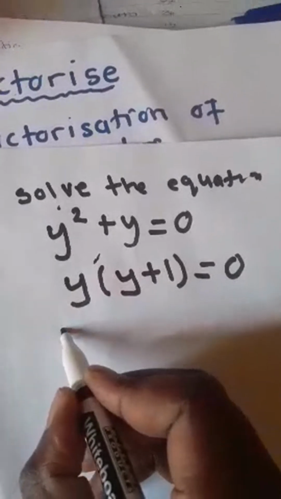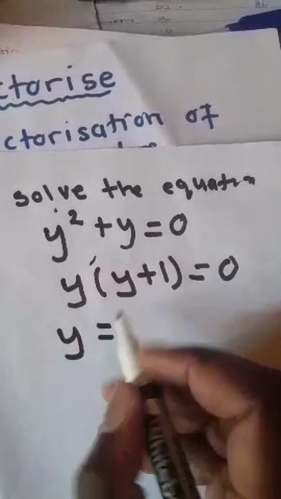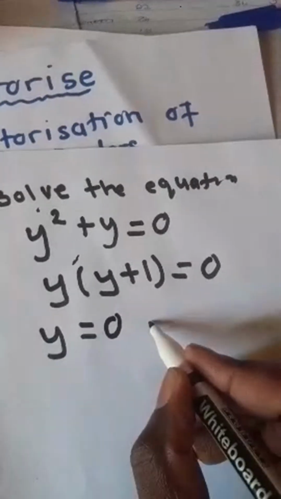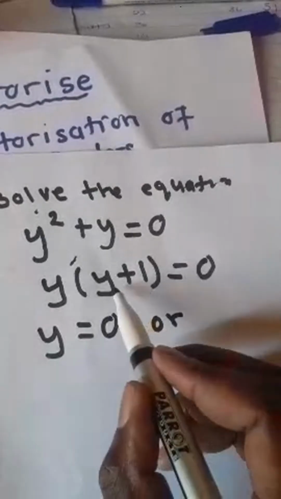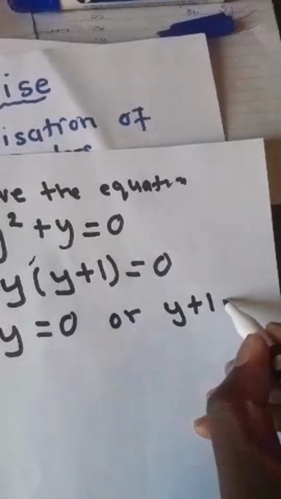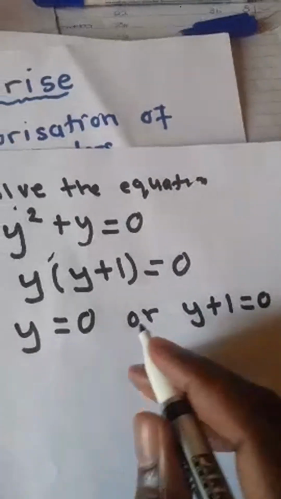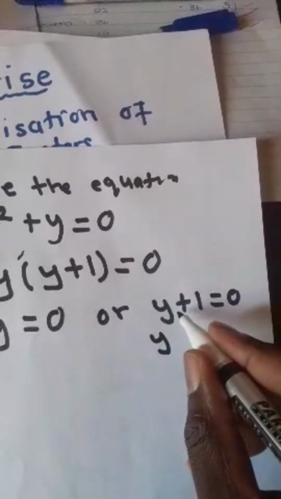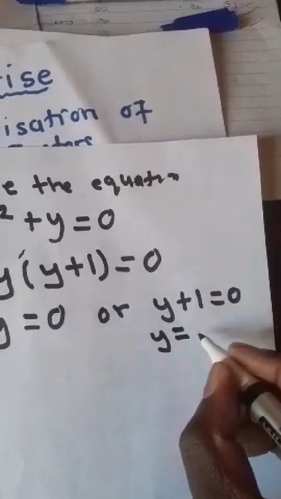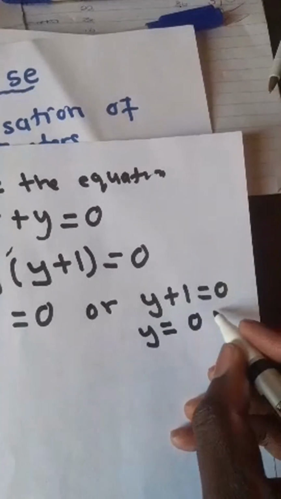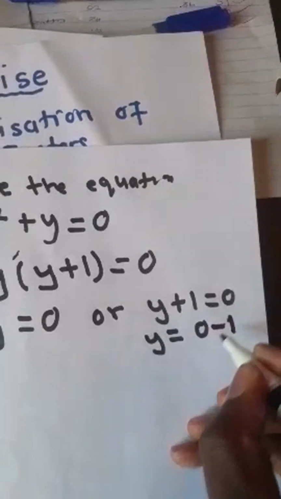So this equation is to the power of 2, meaning to say we have to find the two values of y. So our first answer is y is equals to 0. Or we are saying y plus 1 is equals to 0. So it's now equation y plus 1 is equals to 0. So y is equals to 0 minus 1, so plus 1 to this side is now negative 1.